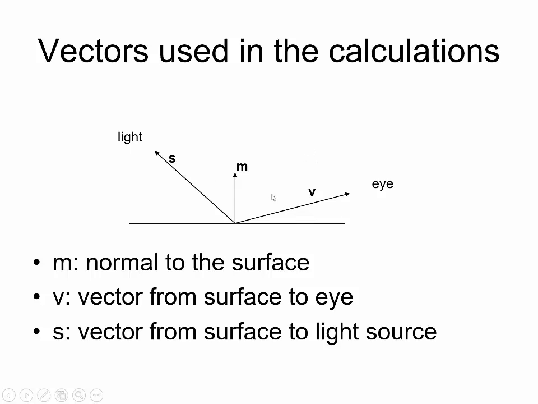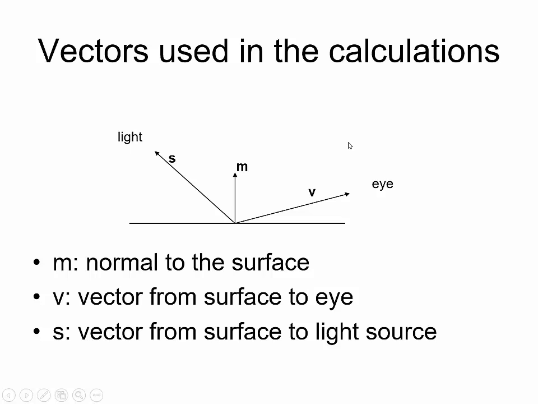And if we take the angle between that reflected vector and the vector v, which is pointing towards the eye, we get how close this light is to reflecting straight into the eye.